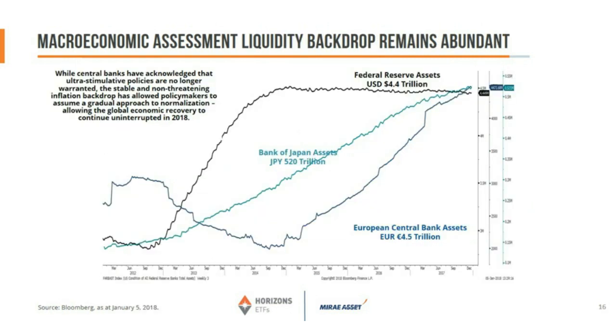And so that takes me to the major liquidity backdrop for the global economy. And here I'm just showing you the big three central bank balance sheets. So we've got the Federal Reserve, we've got the European Central Bank, and the Bank of Japan. Now, in aggregate for 2018, central banks are still going to be net stimulative, or a net positive for liquidity.